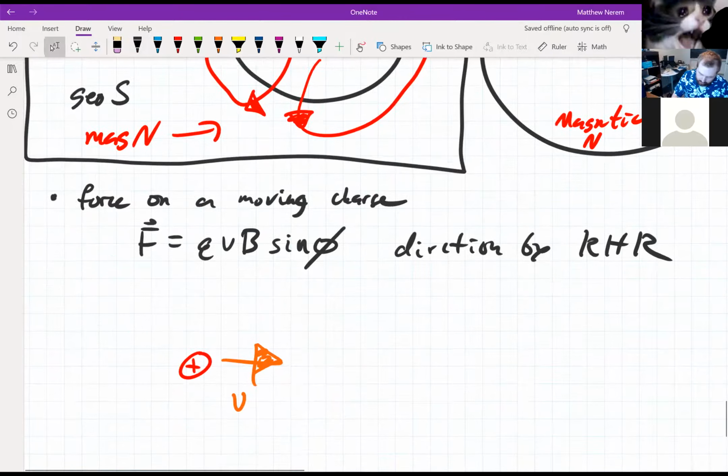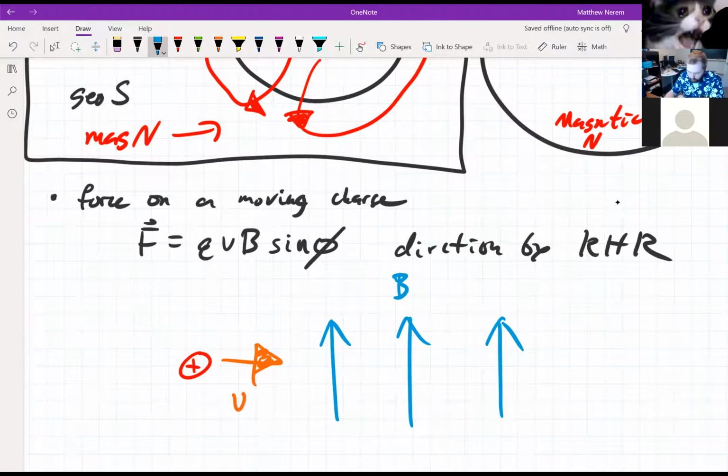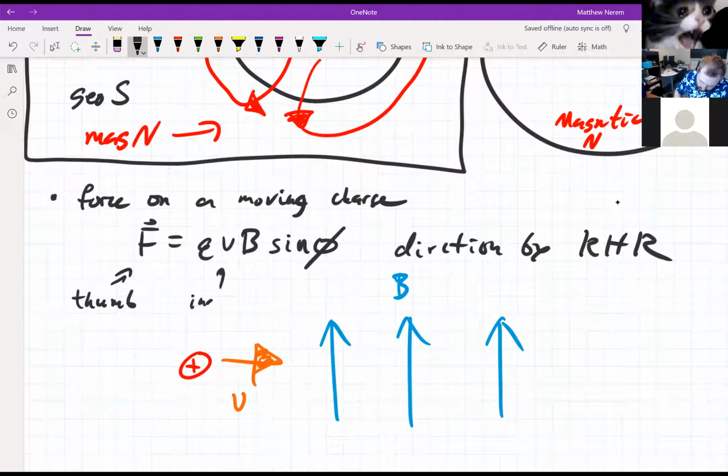All right, so let's go back to this guy. Let's say there's some uniform magnetic field like this. What's the direction that this charge is going to feel a force on it? The right-hand rule that I adopted and like to use is: the force is thumb, the velocity is your index, and the magnetic field is your middle.